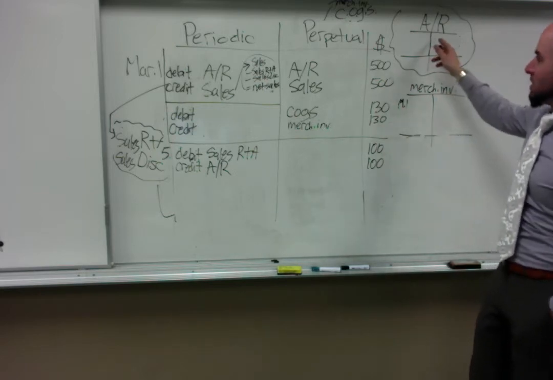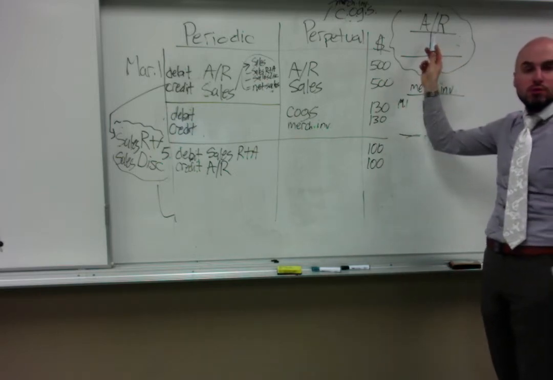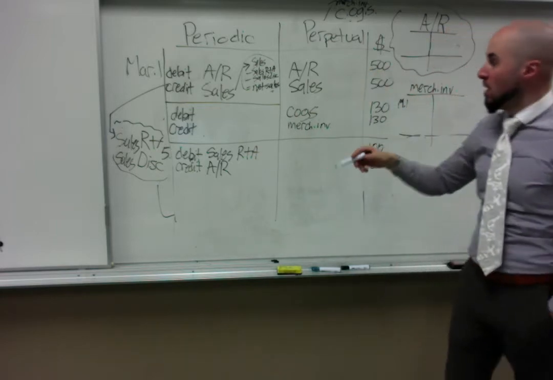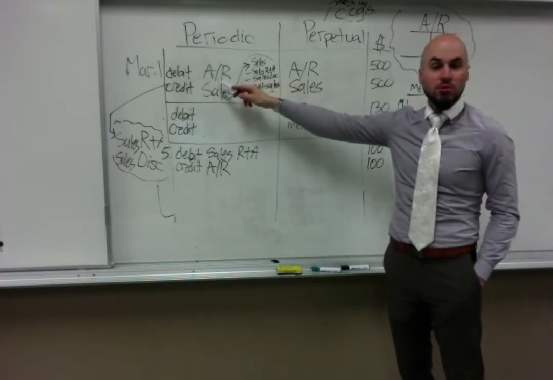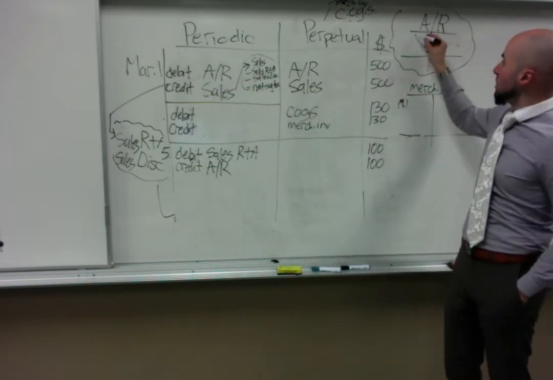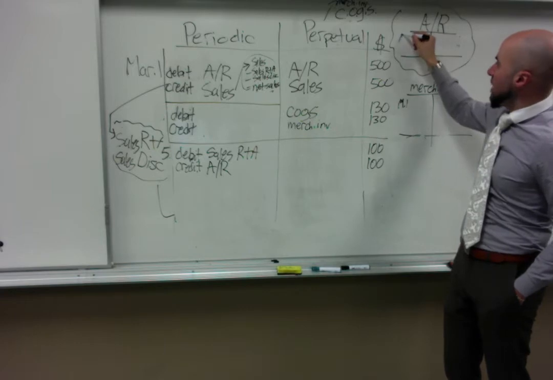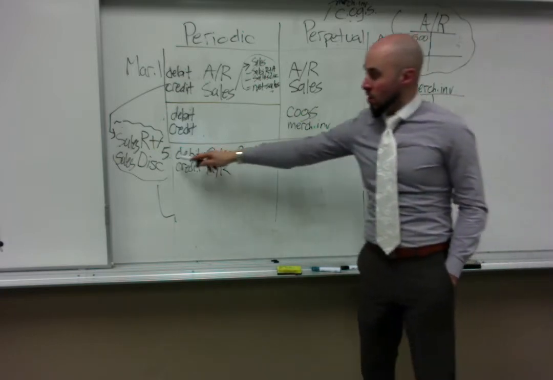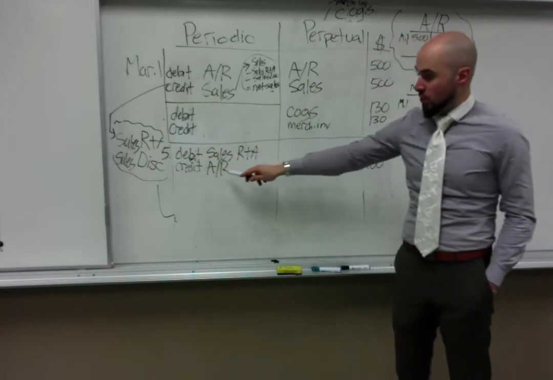Okay, let's do that in a T account. We converted this accounts payable T account to an accounts receivable T account. On March 1st, what did we do to accounts receivable? Debited it in both systems for 500. So here's 500 on March 1st. And now on March 5th, what do we do to accounts receivable?